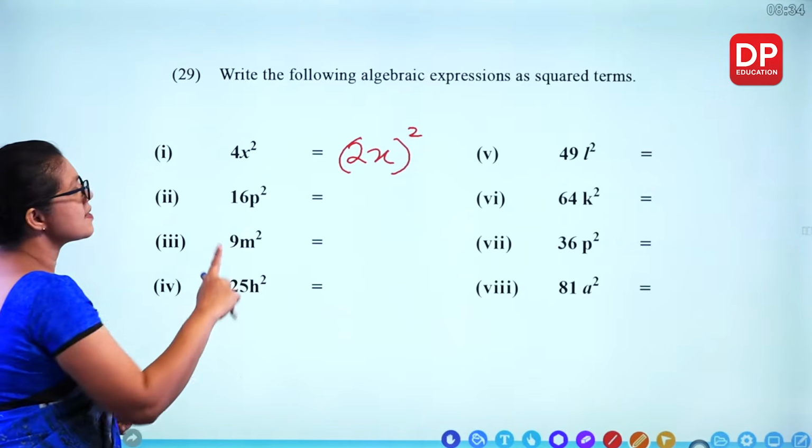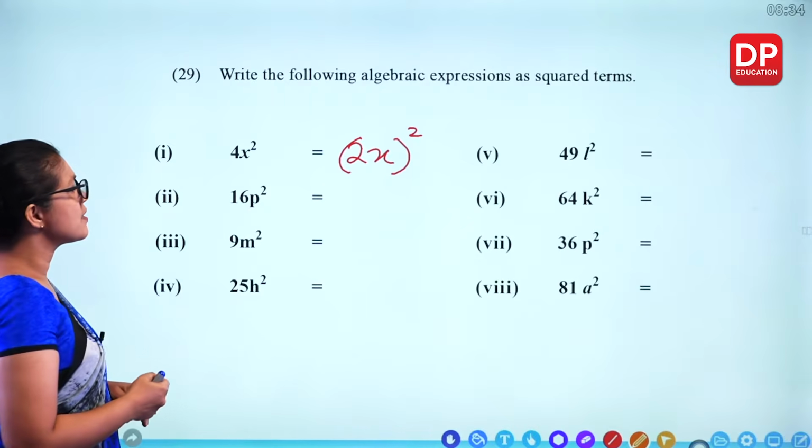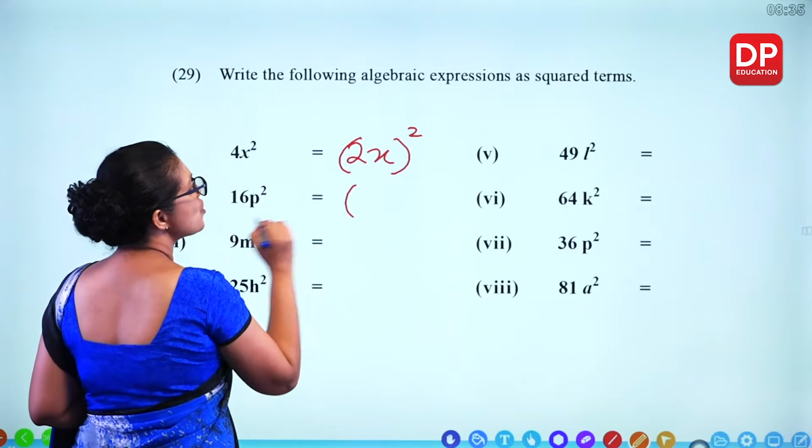Now try this one, 16p squared. How can you write as a square term? 16 means 4 times 4.